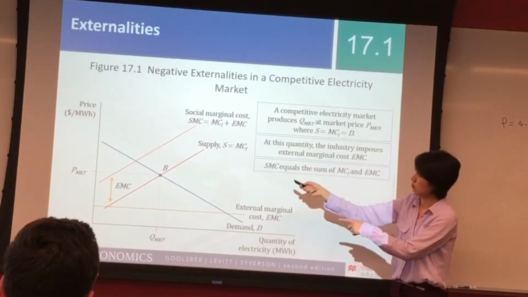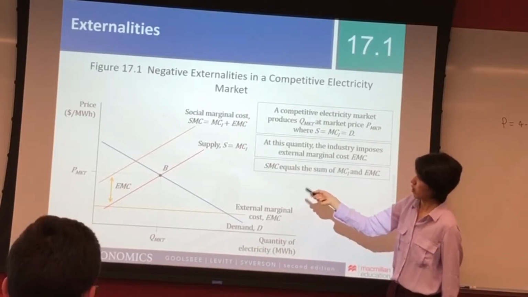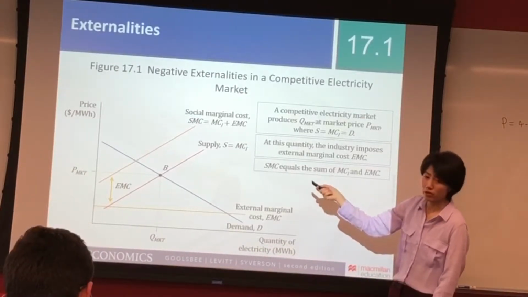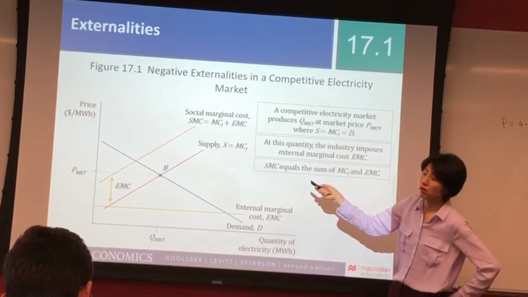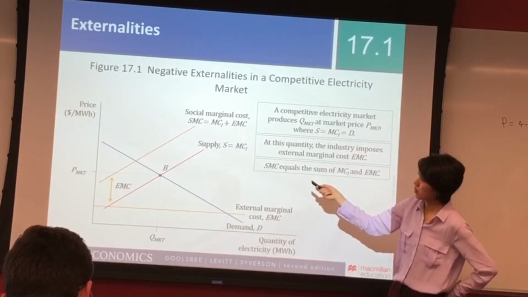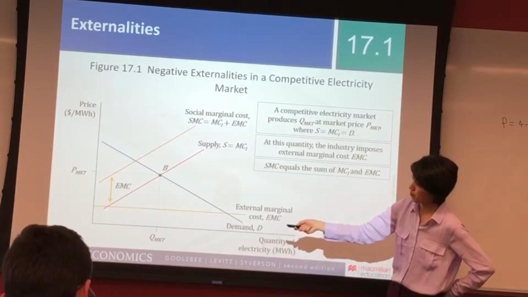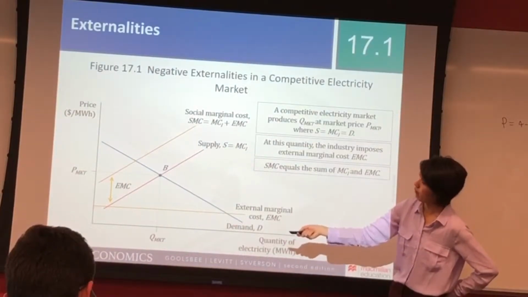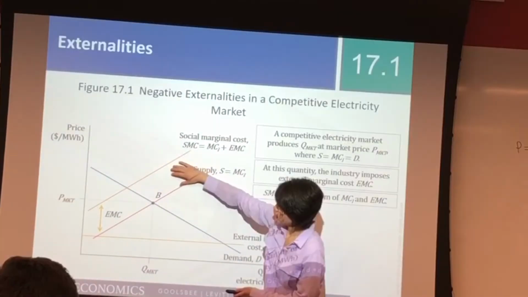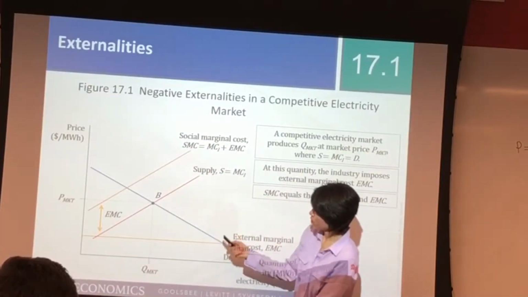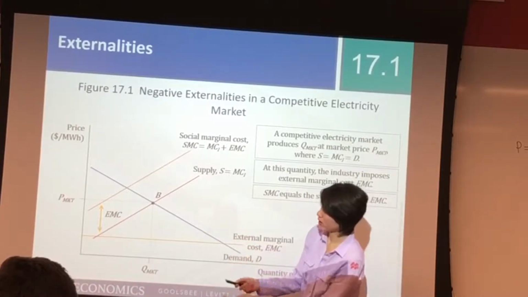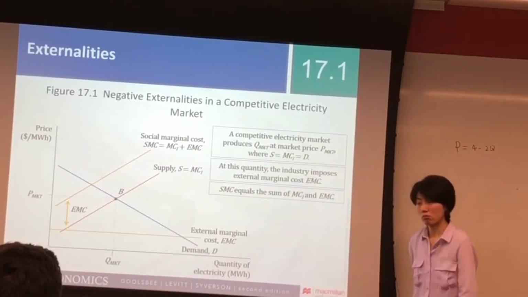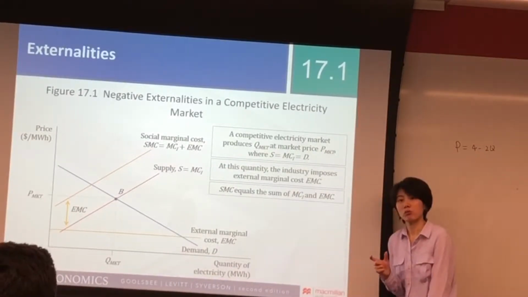Social marginal cost equals private marginal cost plus external marginal cost. This horizontal line represents the size of the negative externality, the size of the external marginal cost. This is the private marginal cost and this is the social marginal cost, and the vertical distance between these two lines represents the size of the external marginal cost.